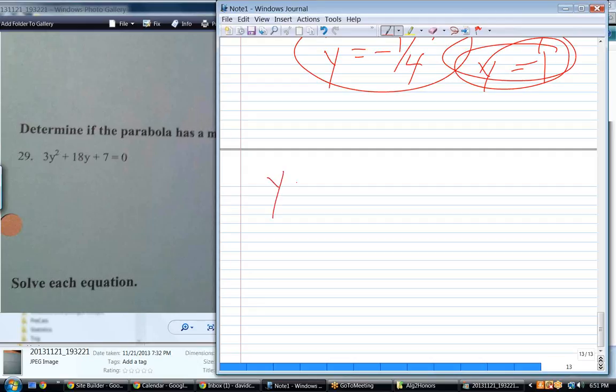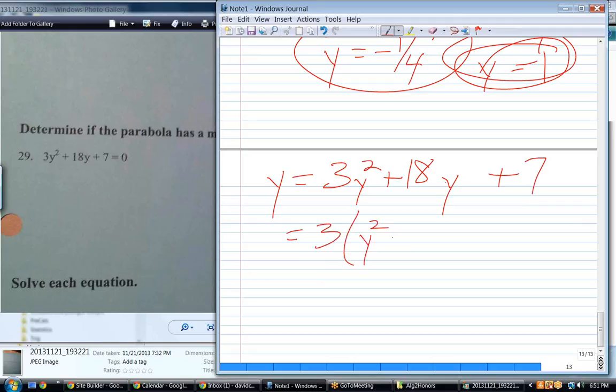So if I'm going to complete the square, let's do it one more time just for practice for you. So you would move the 7 out. And you have 3 times y squared plus 6y plus 9. Okay, so in other words, this is the same as this.